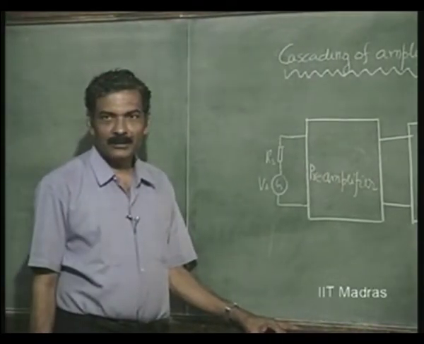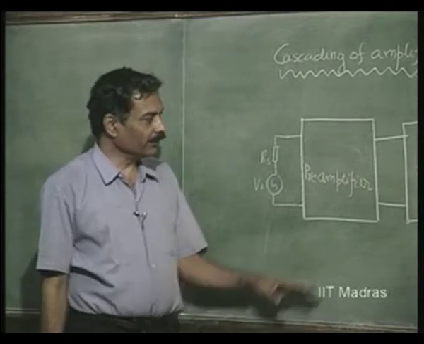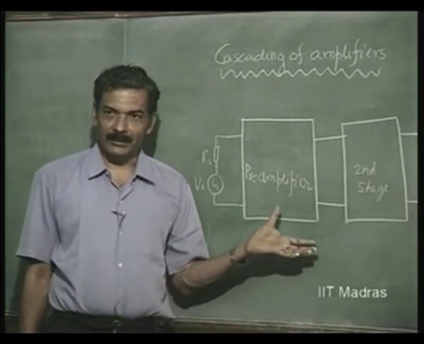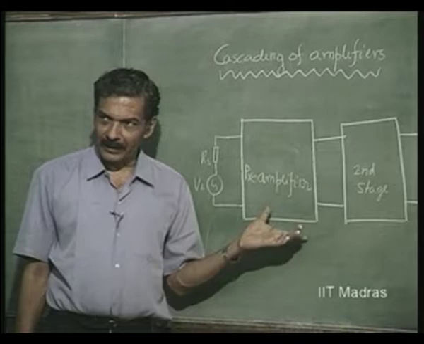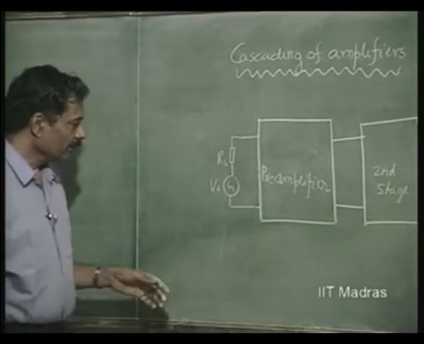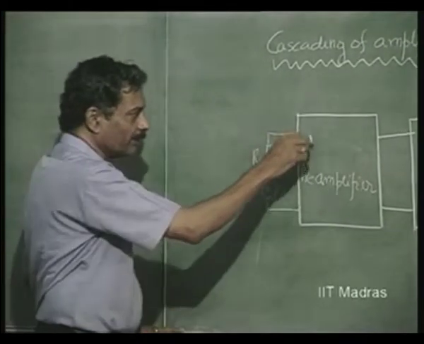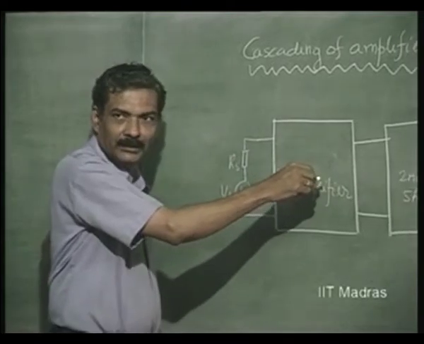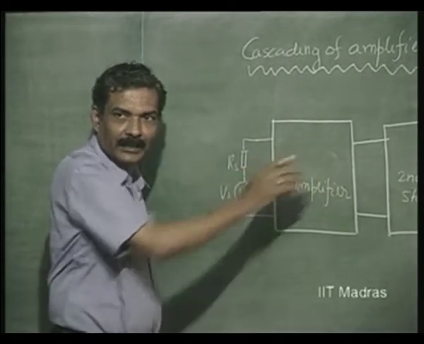If we know that this amplifier is non-ideal, what do we mean by that? We know that it has a finite input impedance, finite output impedance, and of course gain.